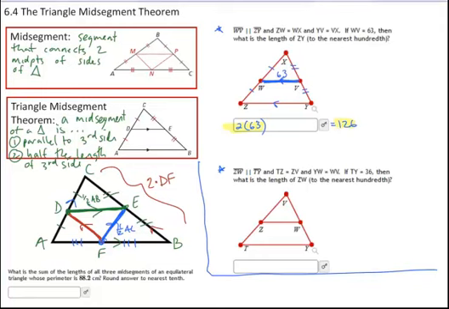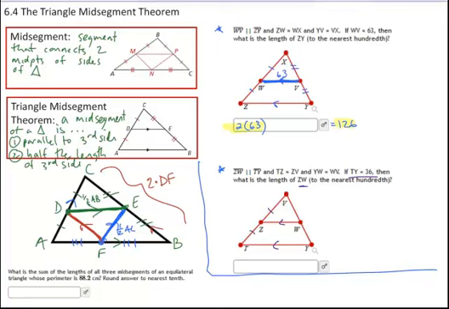Okay, see if you can solve that second problem. Again, these are two that should be able to be answered very quickly. What would be the length of ZW if you know what TY is and it's a midsegment? Again, you're being told that these are parallel, although we don't even need that to know that it's the case because these are two midpoints.